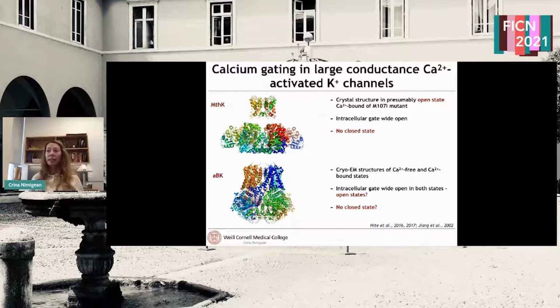However, what's interesting here is that the intracellular gate, the one that's open right here in MTHK, is always open in both states, in both the calcium-free and the calcium-bound state.